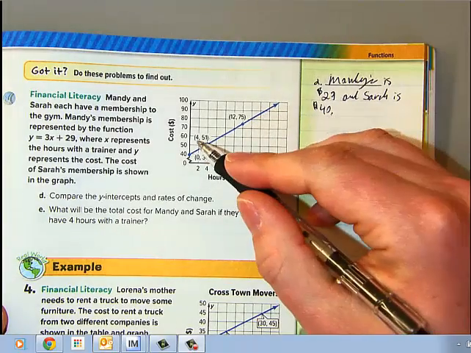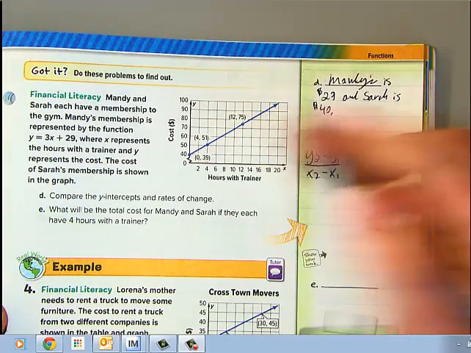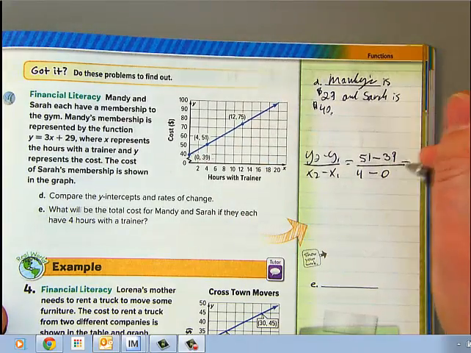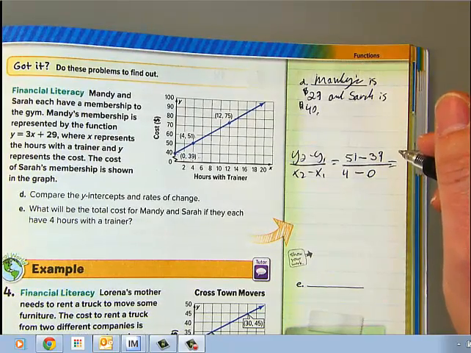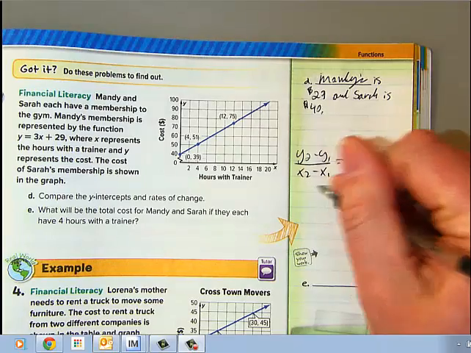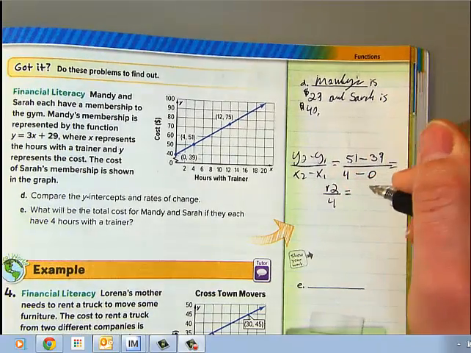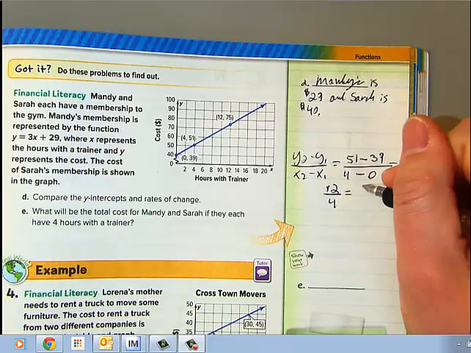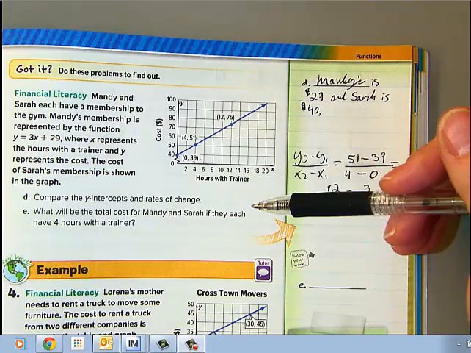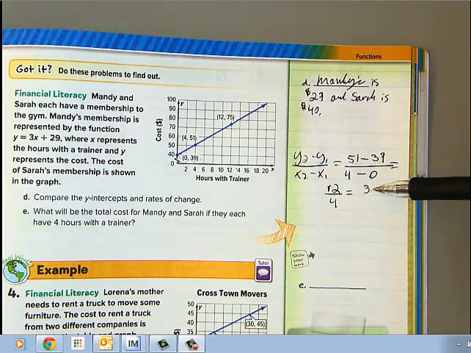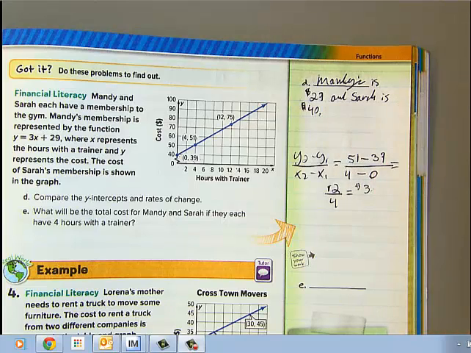And then we have our x2, 4, minus our x1 of 0. If we do 51 minus 39, we get 12 over 4 minus 0, which is 4. So that simplifies. 12 divided by 4 is 3, or 3 over 1. So what do we see about the rate of change? The rate of change is actually going to be the same for both people. It's $3 per hour for each.